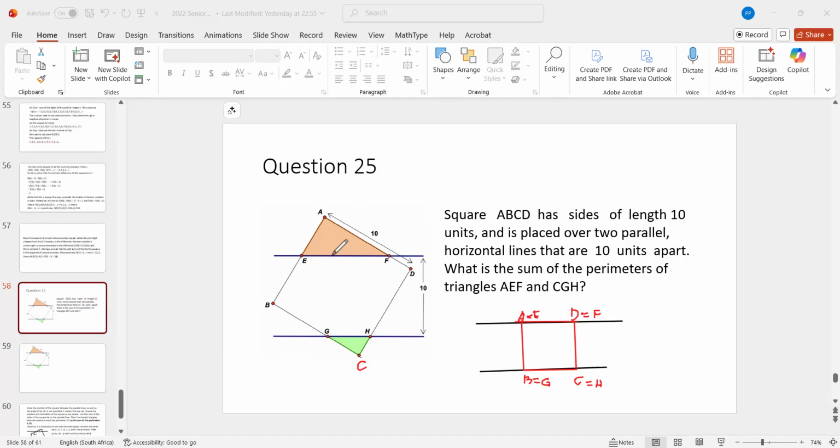So you still got AEF, but AEF is a triangle where one side is zero and the other two sides are the same. So AEF is actually just one side. So here you have 10, the perimeter.